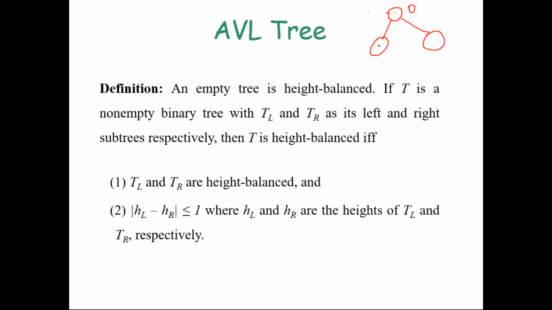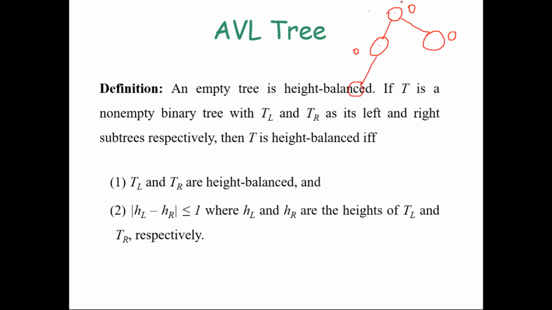For this node there is no left subtree and no right subtree, so it is 0 minus 0, which is 0. For this also, no left, no right, so 0. So HL minus HR is less than or equal to 1 for all these nodes, so it is a balanced tree.